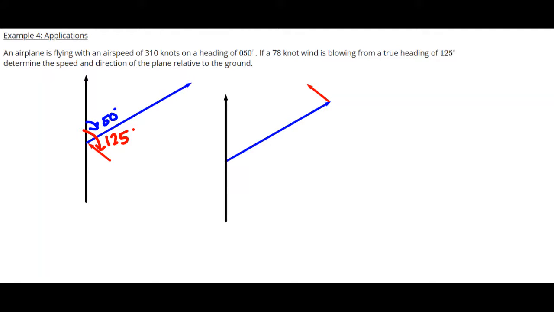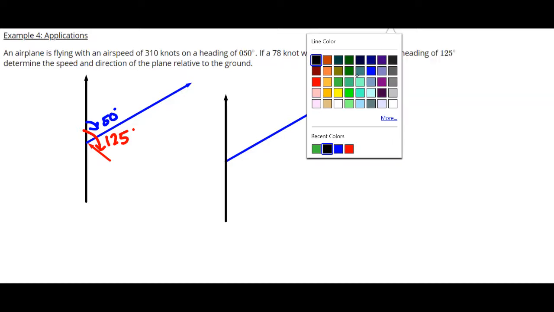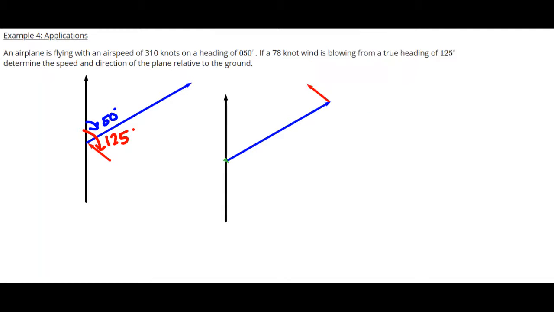So the resultant, we'll use a different color. Let's use green. Remember, the resultant starts from the bottom here and goes to the tip here. There's my resultant.